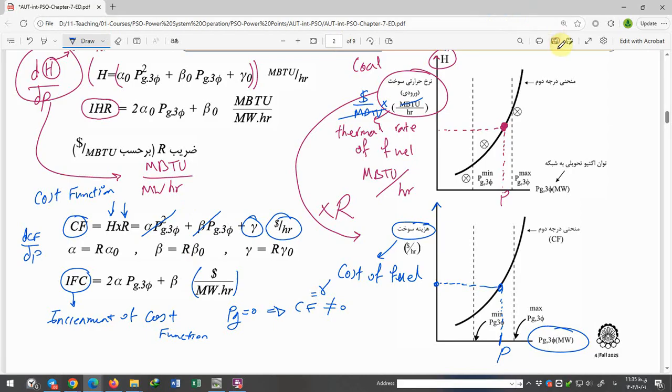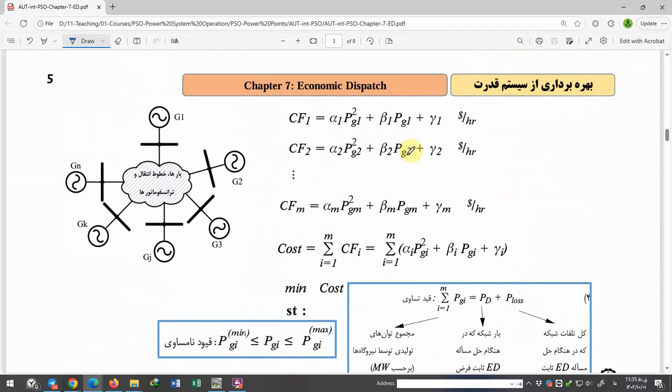So if you consider the generators out of loads, transmission lines, and transformers, we collect these three items in a network and separate the generators outside.